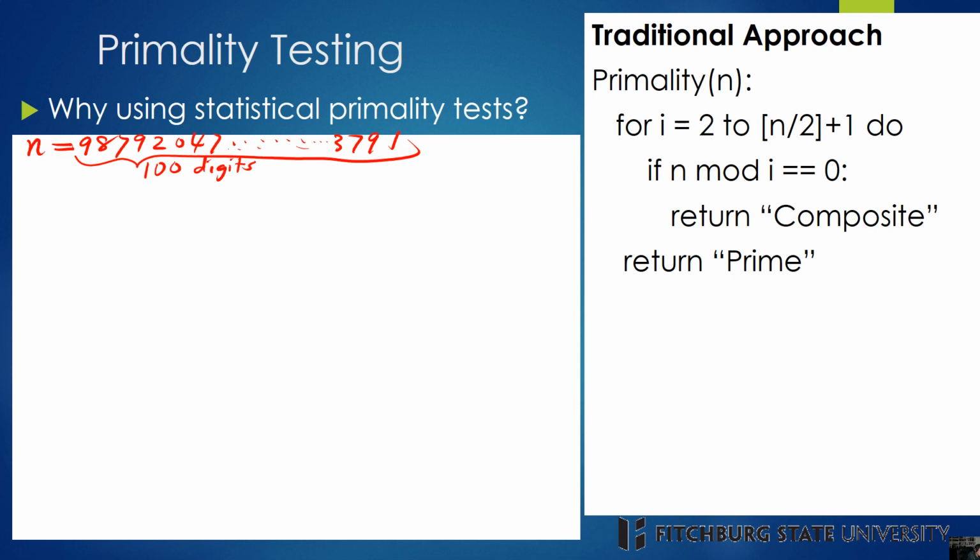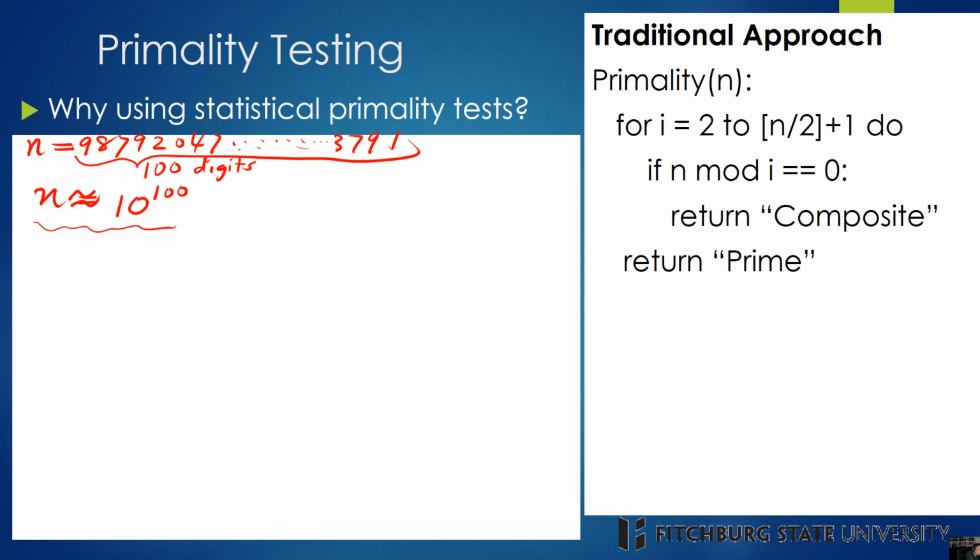Now, if n has 100 digits, then n is approximately 10 to the 100. For an integer of 100 digits, the value of n is approximately 10 to the 100. So what does that mean?